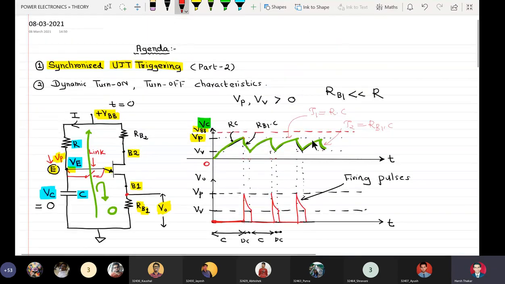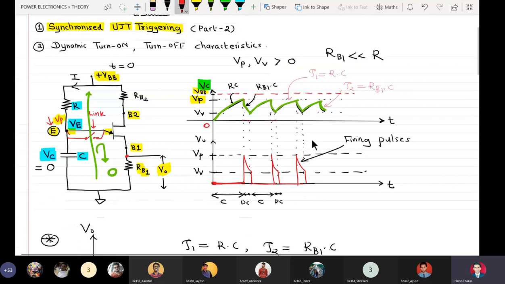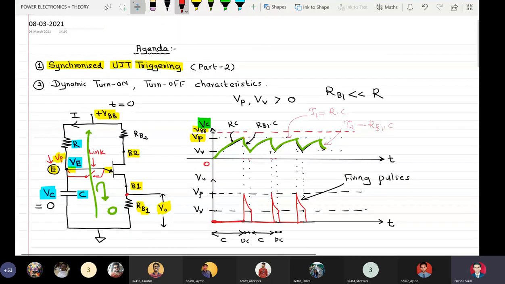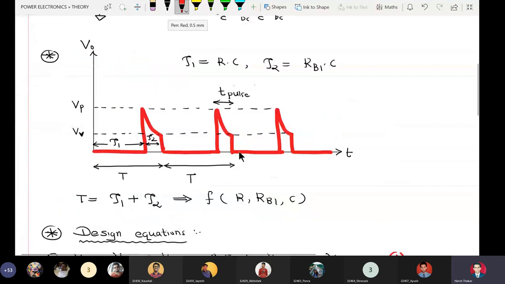Yeah. So now we are going to cover this point of synchronized UJT triggering, right? So if you remember in the last session, we had made it a point first.